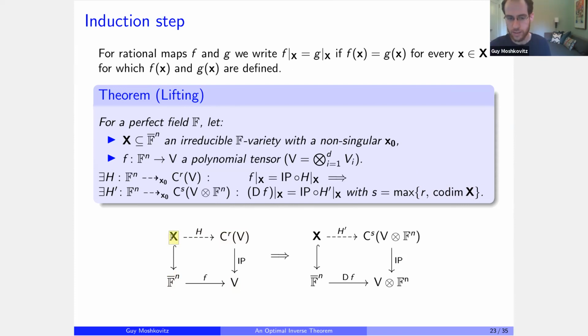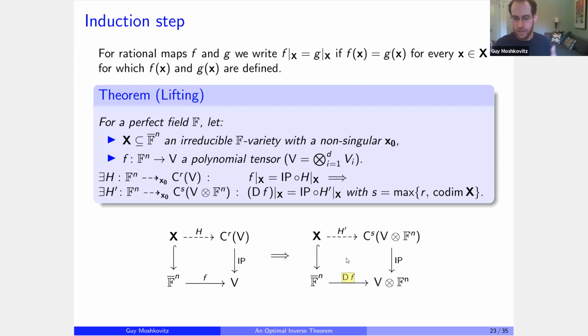So you have your variety X. For almost every point in X, you have a rational map that returns a partition rank decomposition, which means that if you apply the inner product, you get a genuine tensor, namely the tensor F, but only restricted to X. If you have this setting, then this lifting theorem tells you that over the same variety, you have H prime that gives you a partition rank decomposition of tensors of order d minus 1. Not for F, of course, but for the derivative of F.